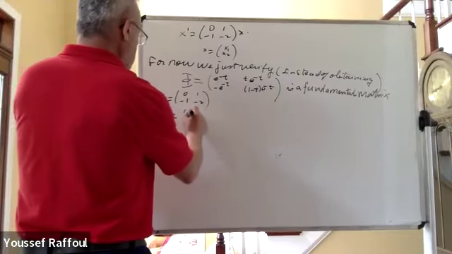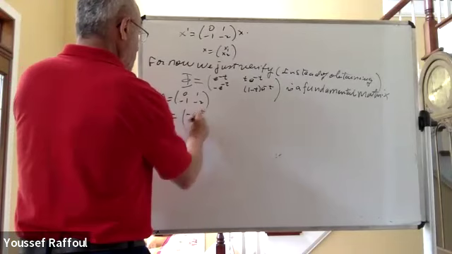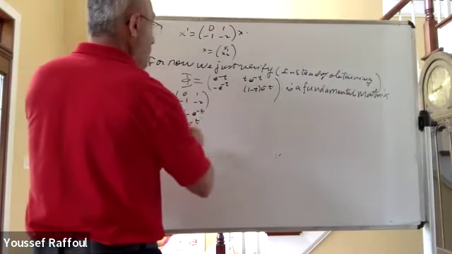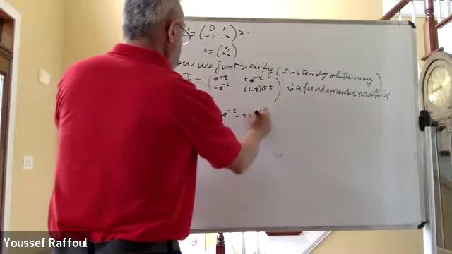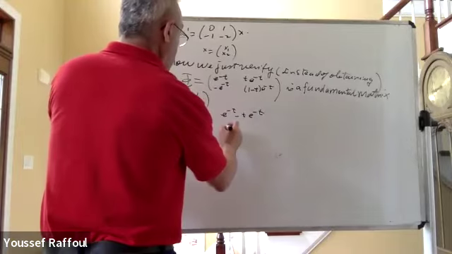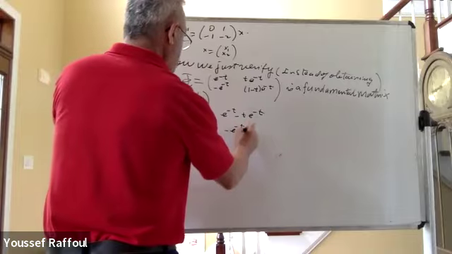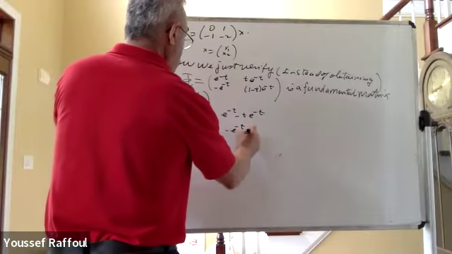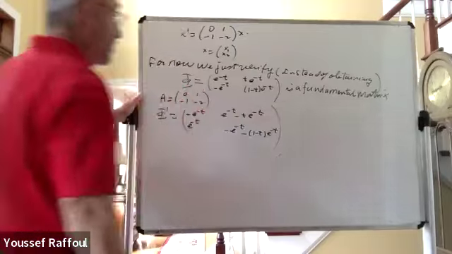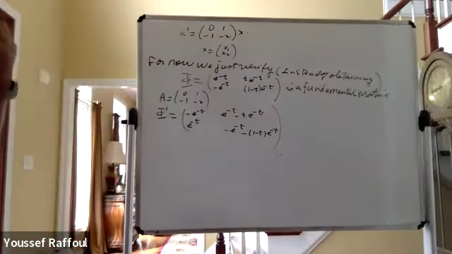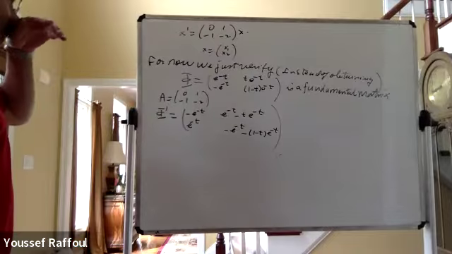Phi prime is minus e to the minus t, e to the minus t, e to the minus t minus t e to the minus t, and will be minus e to the minus t minus 1 minus t e to the minus t. So I'm taking the derivative. Okay?